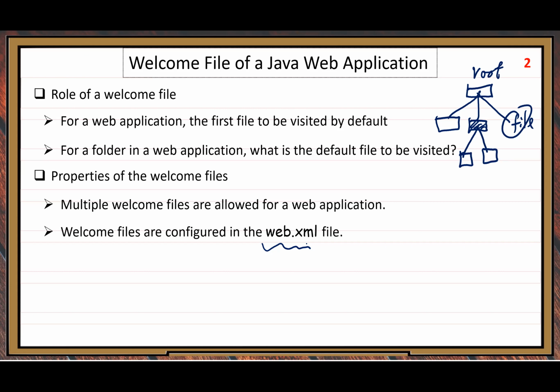It means Eclipse will generate a default web.xml for us automatically. We cannot see it, it's a hidden one. But Eclipse will generate it and provide it to Tomcat. Tomcat needs it.